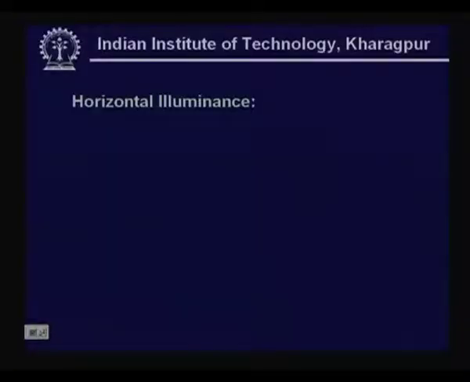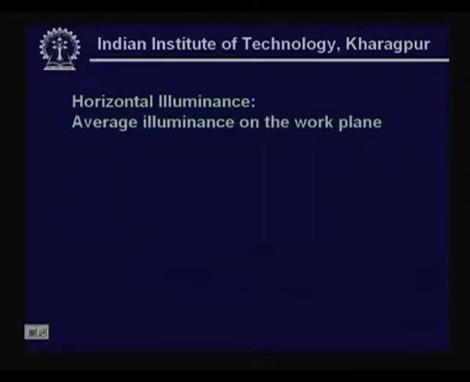On the other hand, there could be certain operations where the operator stands and works, then the height could be close to 1 to 1.2 meters. These are kept in mind, but there are applications where we do have a vertical plane, as I mentioned, a chalkboard in a classroom. The other area where you are concerned with vertical illumination is outdoor applications.